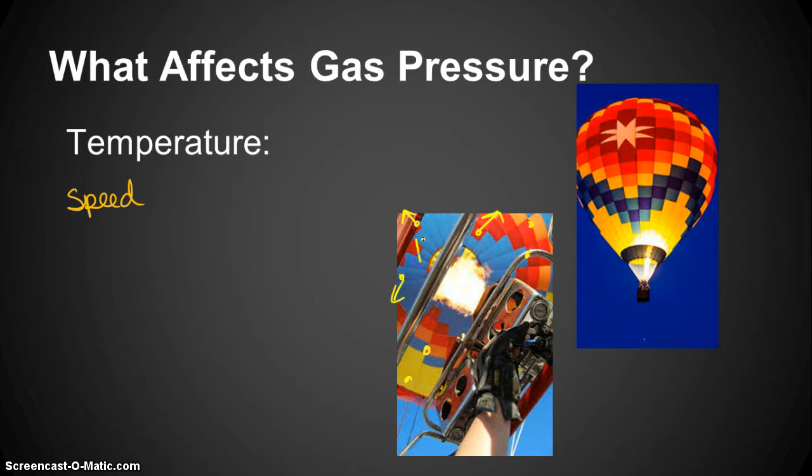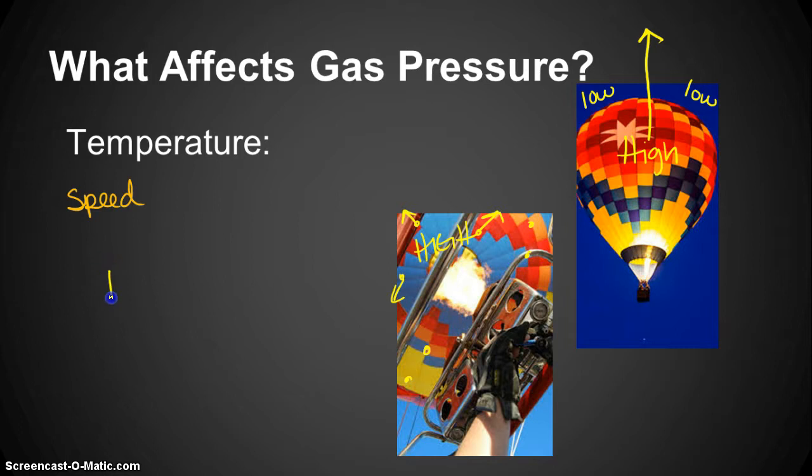And so this is an area of high pressure inside because they're hitting the walls of their container really fast. But the air outside the hot air balloon is low pressure because these gas particles are moving much slower and they are hitting the walls of the container much less often. Well, because there is high pressure inside and low pressure outside, the high pressure will rise up through the low pressure.